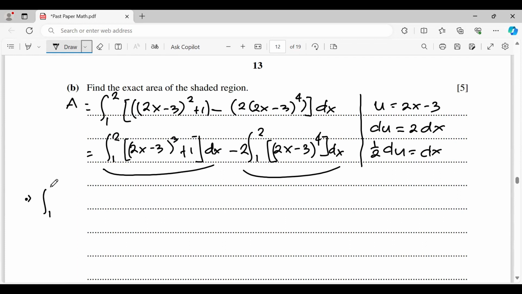Okay, integral from 1 to 2 of u squared plus 1 dx. It means half in front, du. So it becomes half times (1/3 u cubed plus u).